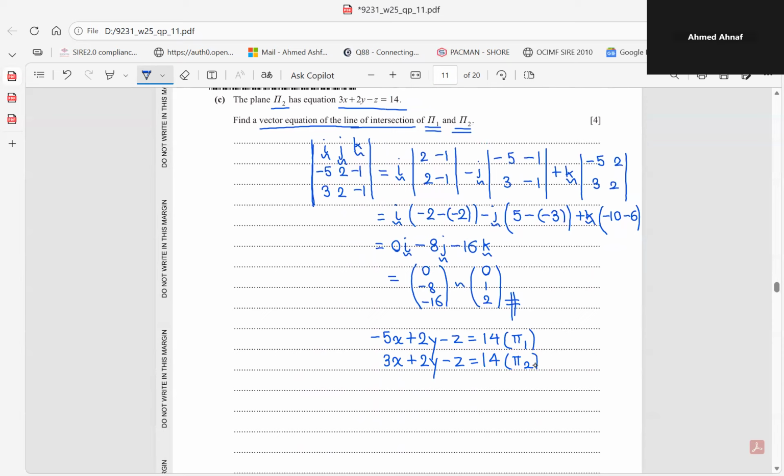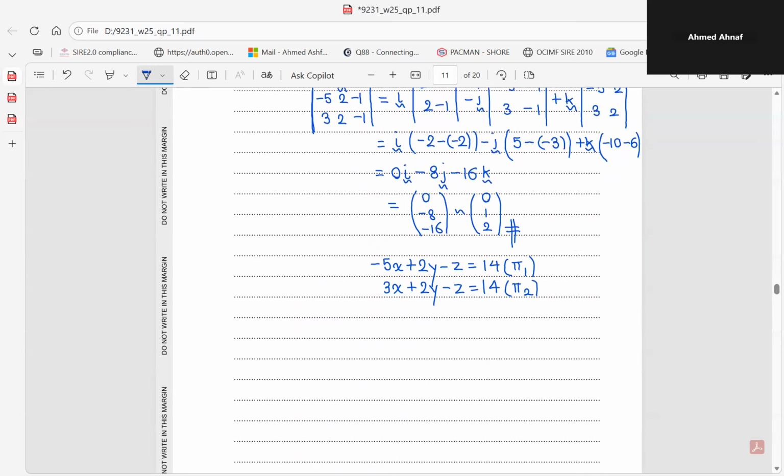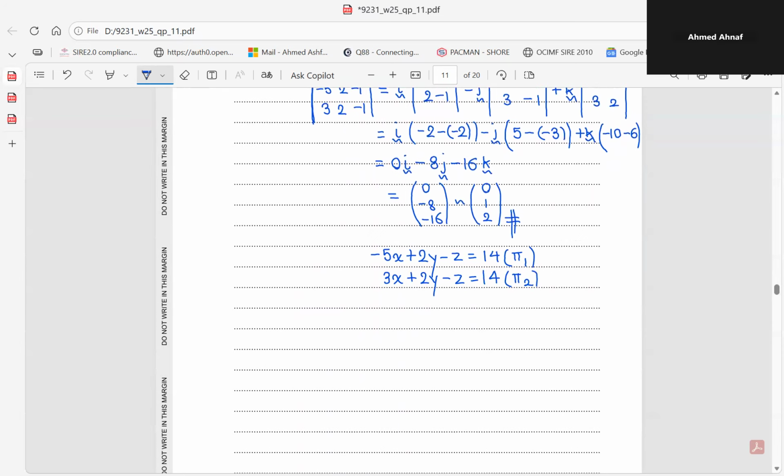So you can see that both of them have the same 2y minus z, so you can just equate both of them together. Oh wow, the two y's are the same.